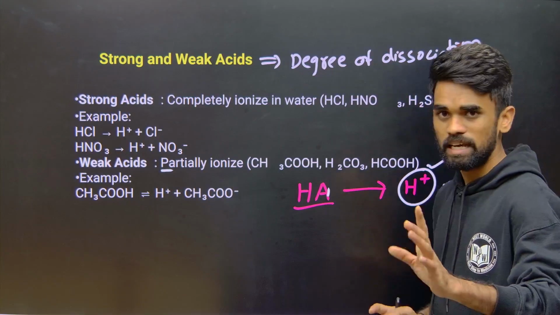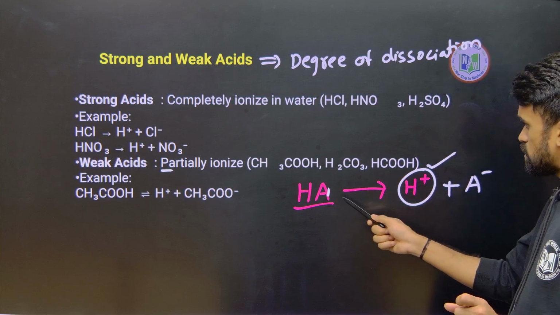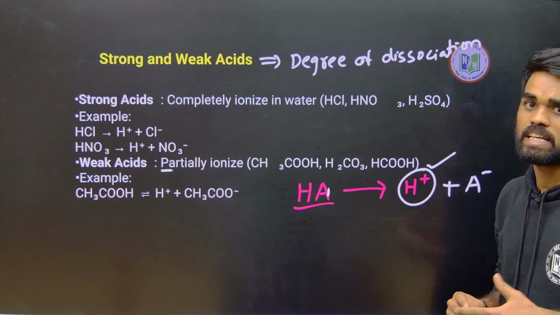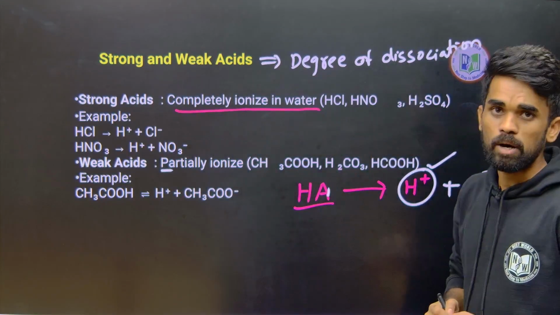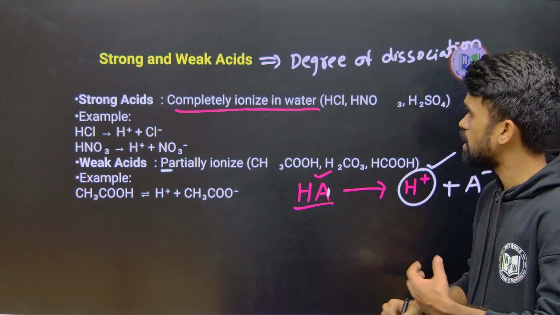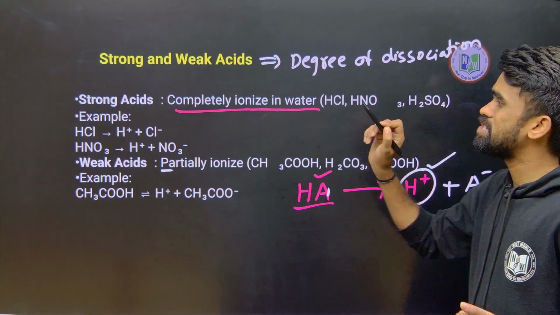Now, if the dissociation takes place 100%, that is complete ionization, so that whatever acid is given ionizes completely in the water, then we say that particular acid is a strong acid.